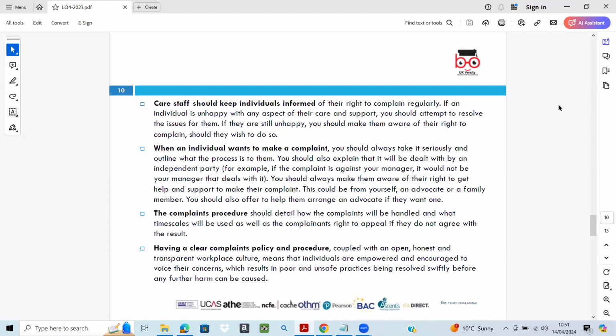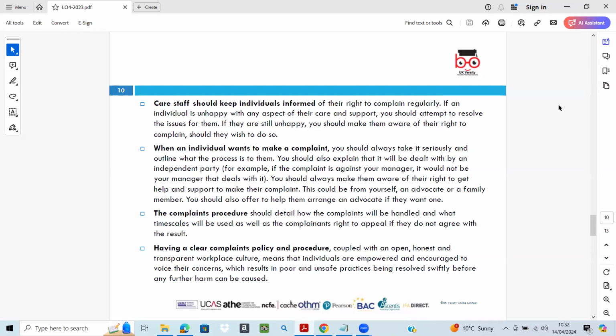Moving to the next slide: care staff should keep individuals informed when an individual wants to make a complaint, about the complaint procedure, and having a clear complaint policy and procedure.